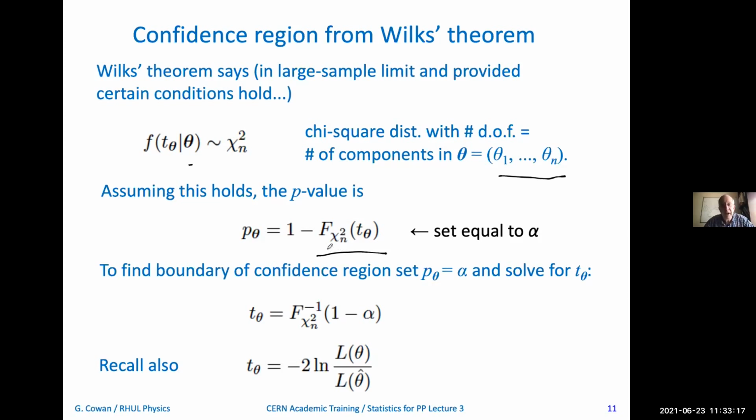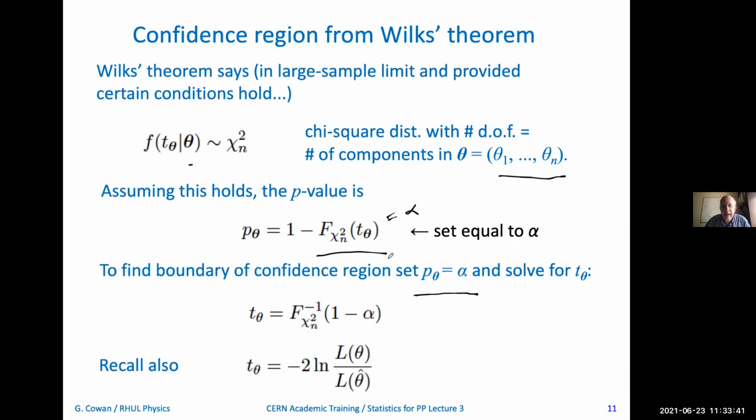Right, now I want to find the boundary of my confidence region. Recall that the recipe for that is to take this p-value, set it equal to alpha, and then find the locus of points in parameter space for which that condition holds. So first of all, let me set this equal to alpha, all right?